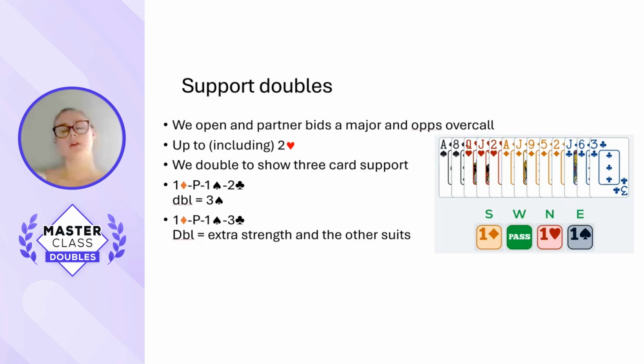So here we double and we show 3 hearts, and partner has to bid something. Partner will quite often bid hearts, either because we now know about support, or because they don't have a good bid and we are going to bid or play on the 4-3 fit. But either way, if partner shows the major and the overcall is not higher than 2 hearts, we have to double to show a 3-card support.